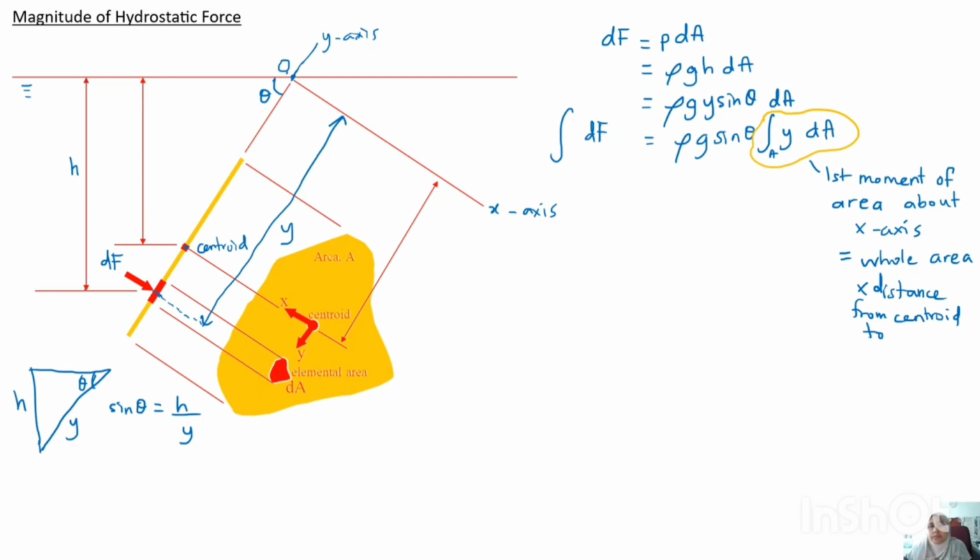Therefore, the whole area is A. The distance from the centroid to the reference line, I call it y, yc.